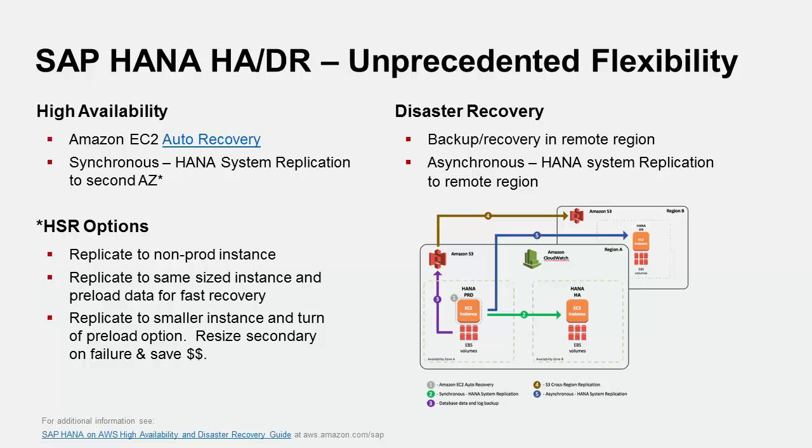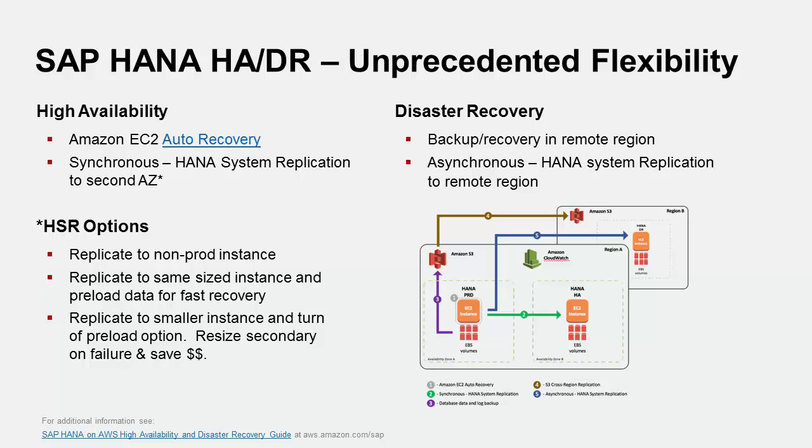But to provide an even increased level of availability, using our availability zones in a region and SAP HANA system replication, you can synchronously replicate between two availability zones, providing protection against failure of a complete data center versus only protecting failure of individual components in a data center.